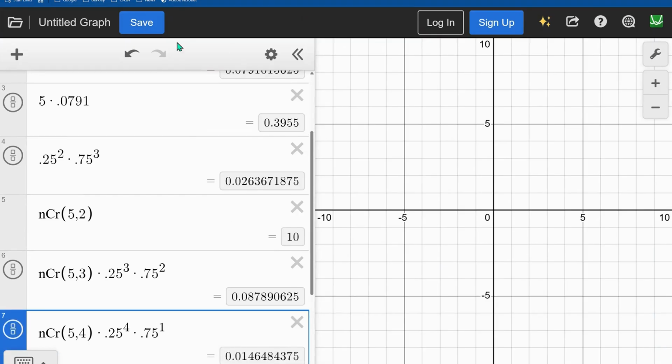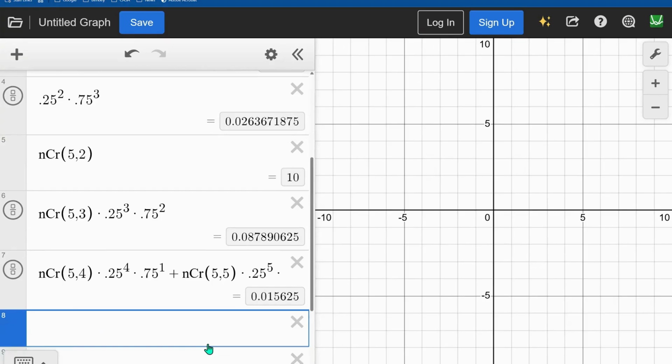Now, that statement is really close to the one we'll do for the exactly 5. So I'm just going to copy and paste it. And that is 5 choose 5, 0.25 to the fifth, and 0.75 to the zeroth. Okay, and what do we get out of that calculation? We get 0.0156.